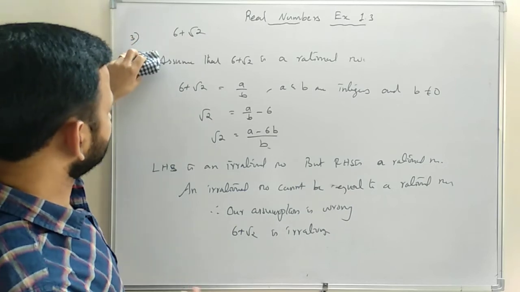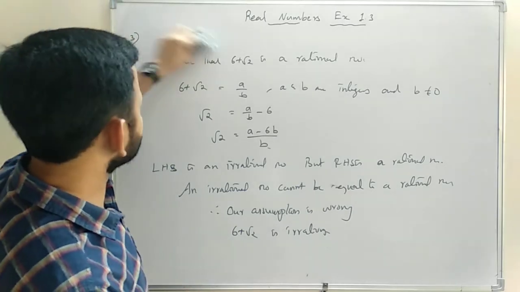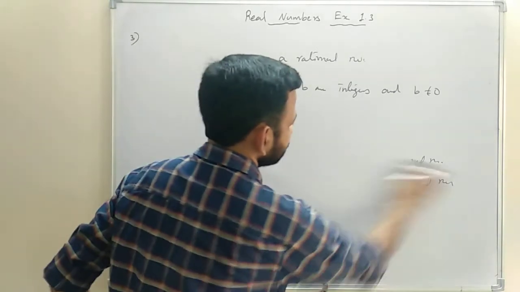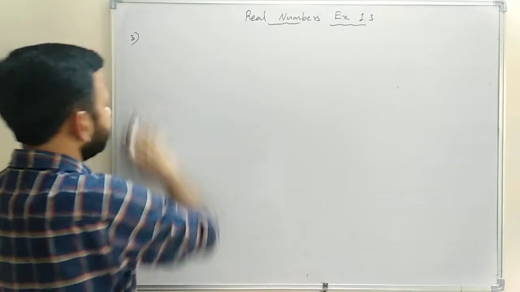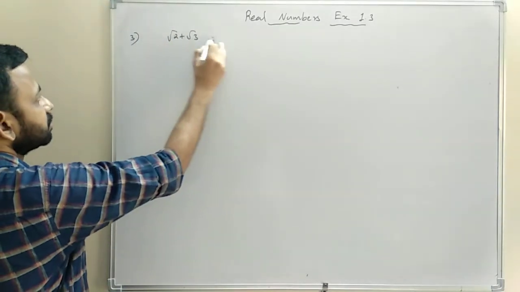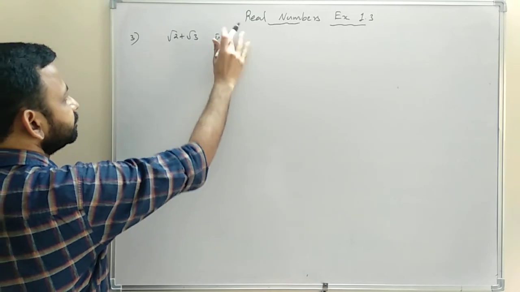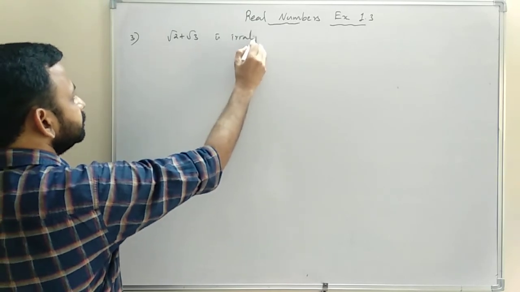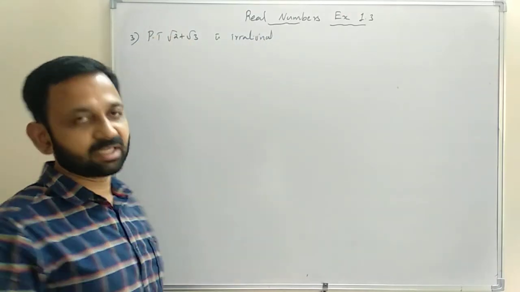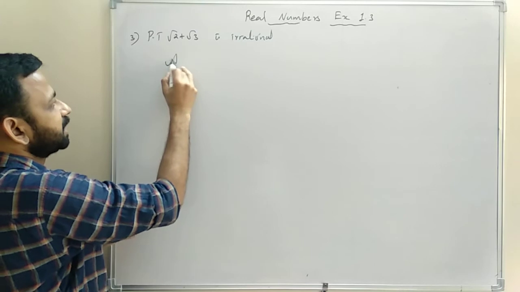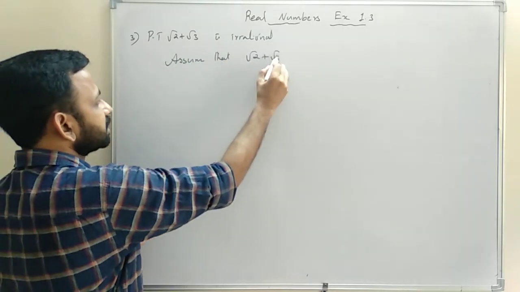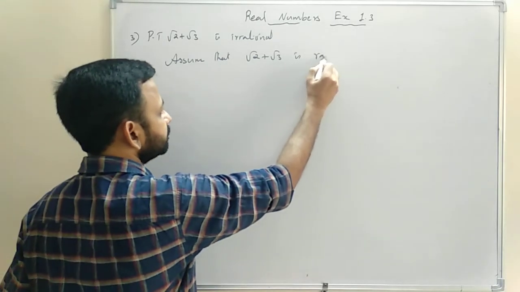Similarly, we can do this type of questions. Then one more question we will do. Prove that root 2 plus root 3 is irrational. So here we have two irrational numbers. So same method, assume that root 2 plus root 3 is rational.